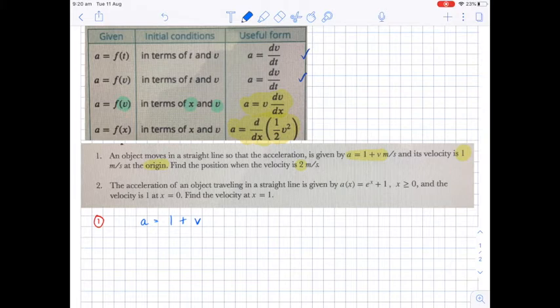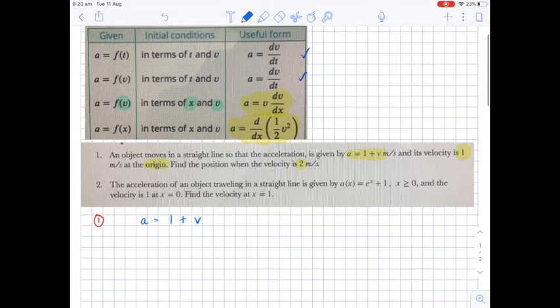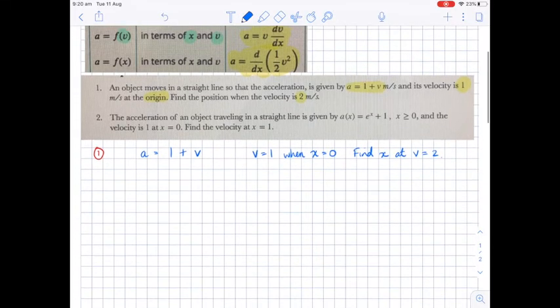The velocity is 1 at the origin, so v equals 1 when x equals 0, and we need to find x at v equals 2. So here's all of the information I need. I'm going to use the equation a equals v dv/dx, so I'm going to substitute in v dv/dx instead of a.